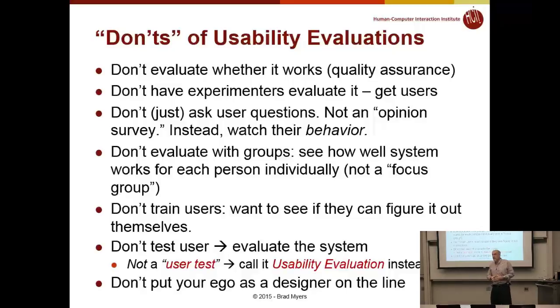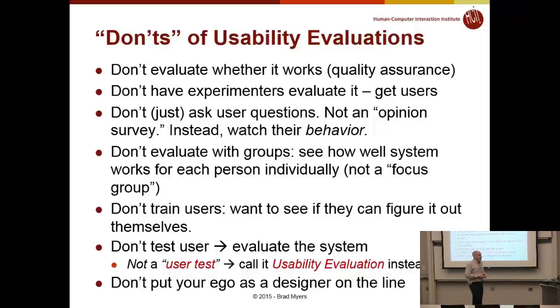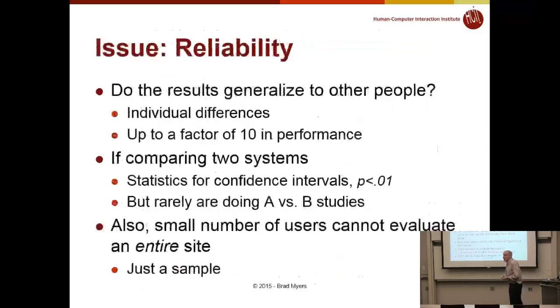And so that tends to be kind of a conflict of interest for you personally, in that you really like your design, and now what are you going to do about this problem that people are having with it? So it's really tricky, but it's important as a designer to try to put away the fact that you designed this and try to be more objective.